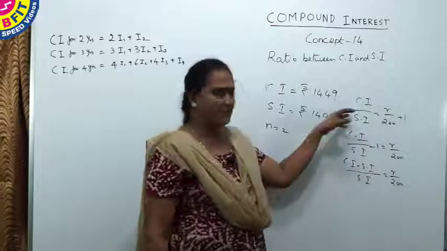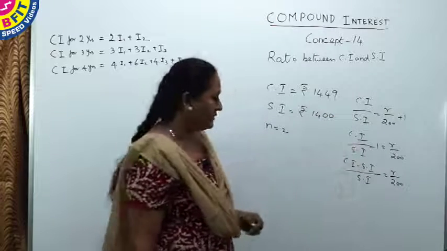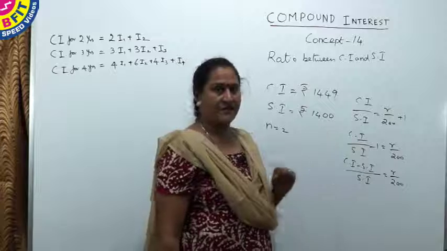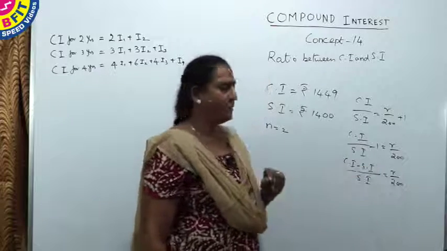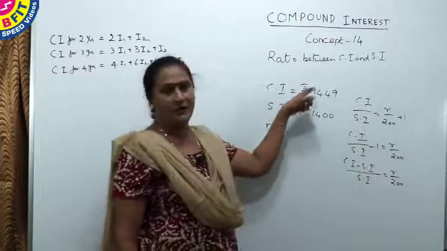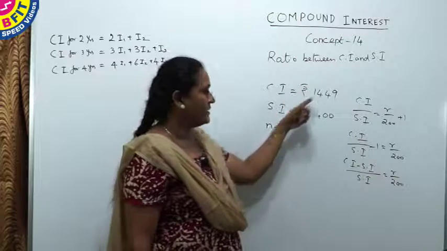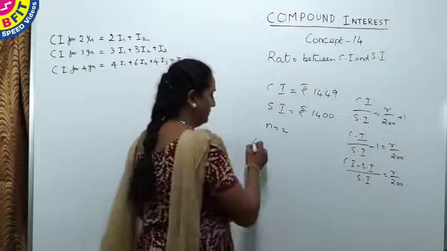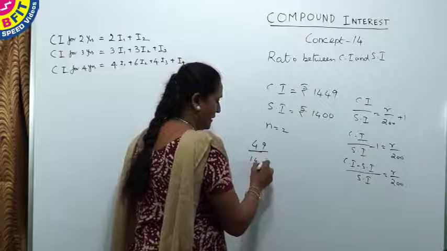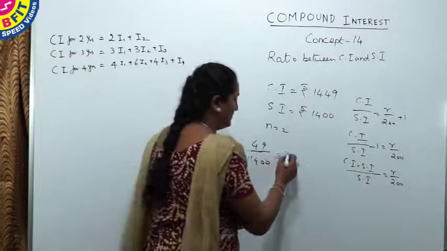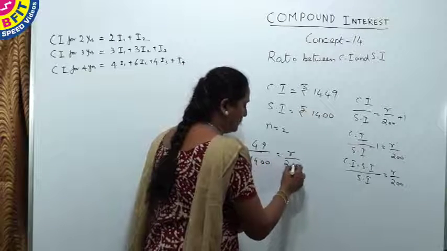So now this ratio itself I have simplified. Where the difference CI minus SI is the numerator, divided by the simple interest, equals R into 200. What is the difference between compound interest and simple interest? It is 49 rupees. And what is simple interest? It is 1400. So it is 49 by 1400 equals R by 200.